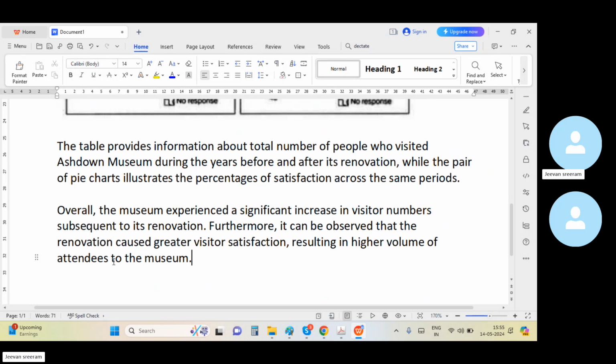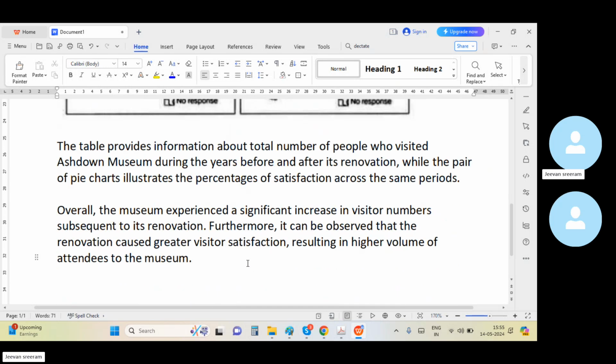So on the whole, what you can observe, the simple meaning of this paragraph is more satisfaction can be observed after renovation, and also more number of visitors were attending, were present after renovation. So we can clearly observe the renovation actually resulted in more number of visitors to the Ashdown Museum.